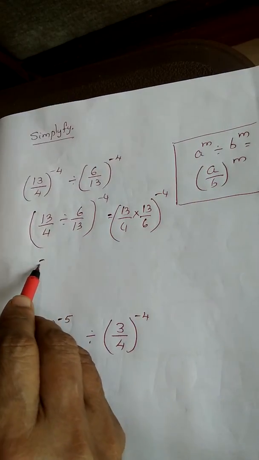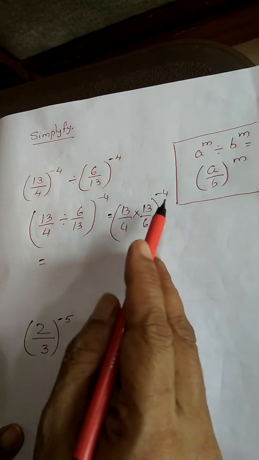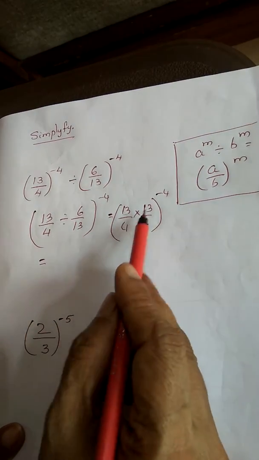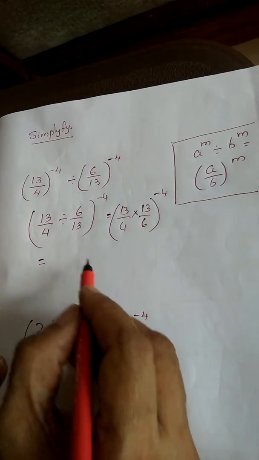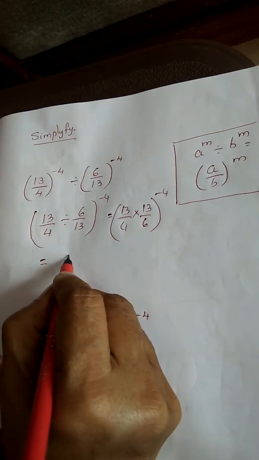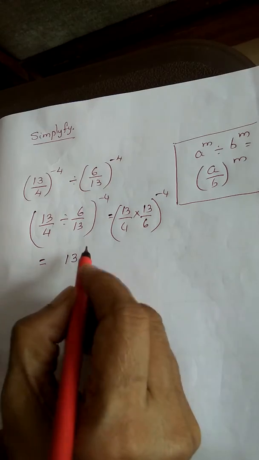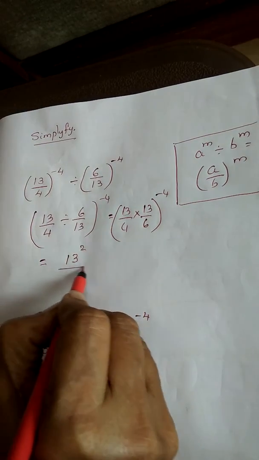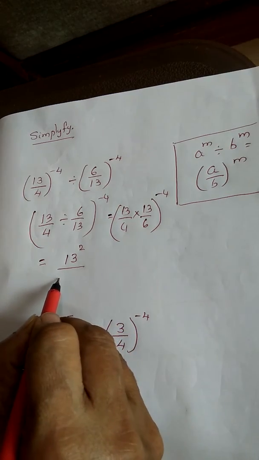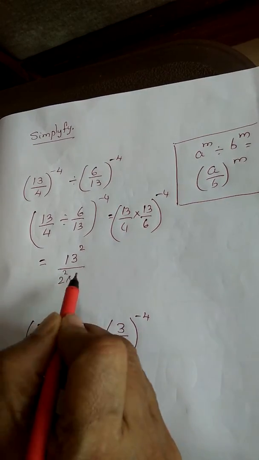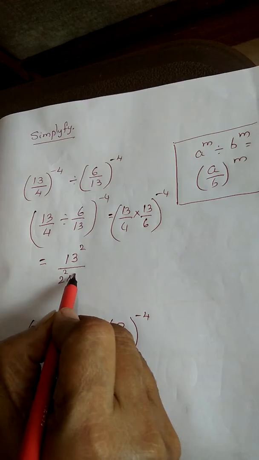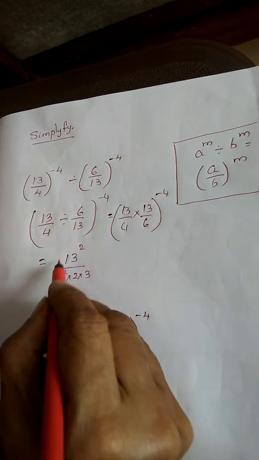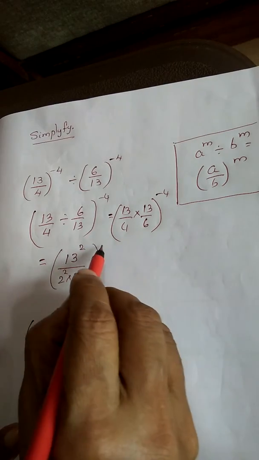So we can't do any simplification here. So we will write this as 13 squared by 2 squared into, this is 2 into 3, 2 into 3, the whole to the power of minus 4.